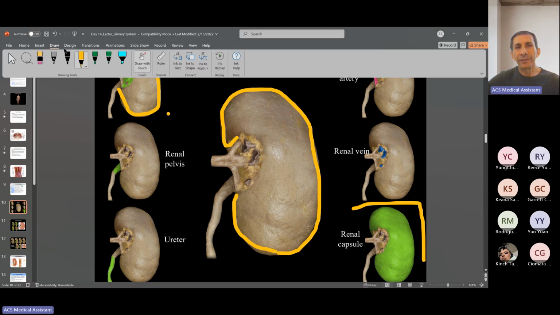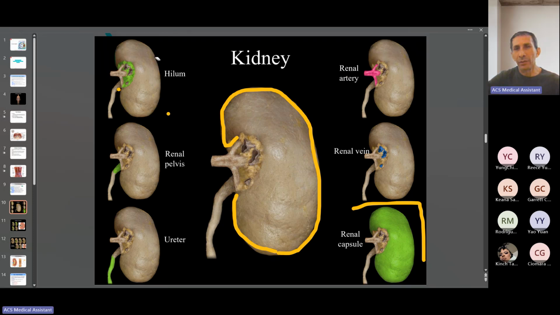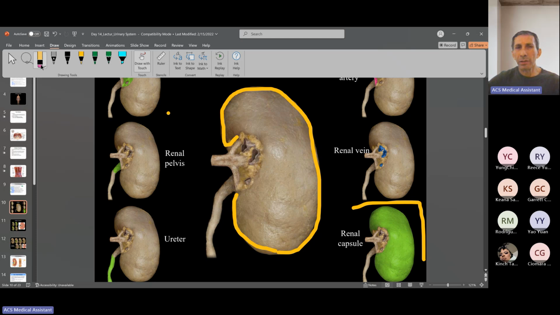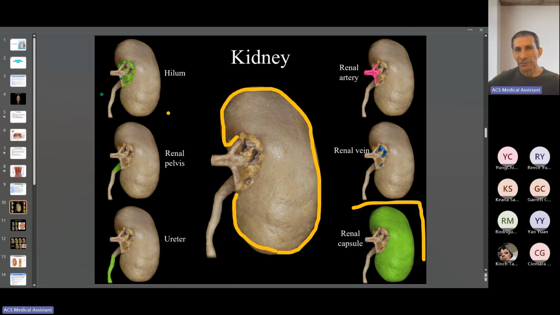Then we're going to have the hilum. Now, it says that the hilum is this notch where blood vessels and the upper part of the ureters are going to come in contact. So this green part right here, the notch, it's like the entrance.